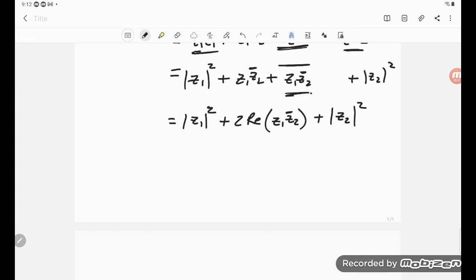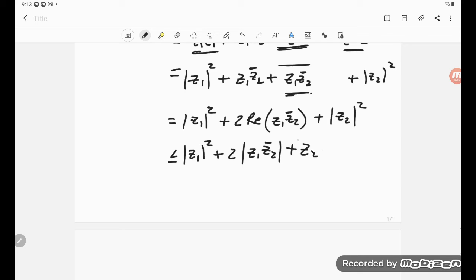Okay. And so now these have all been equalities, but then what we know is that this real part of Z1 Z2 conjugate is less than or equal to the absolute value of Z1 Z2 conjugate. So these other things are equalities, but plus 2 times that, it's less than or equal.